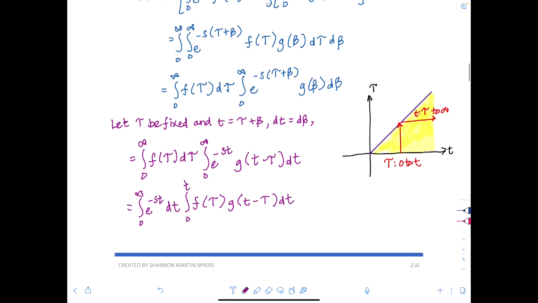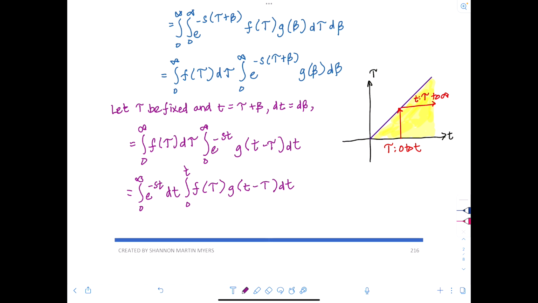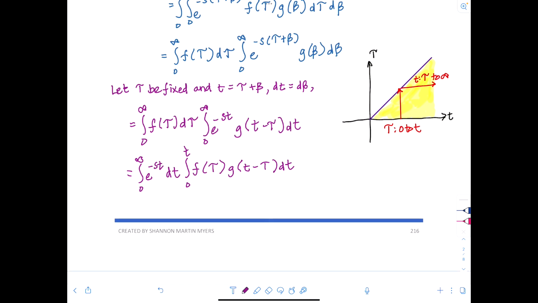But what is that? Perfect. That's the convolution of f and g, right? And so this is equivalent to L of the convolution, the Laplace transform of the convolution of f and g. Groovy?